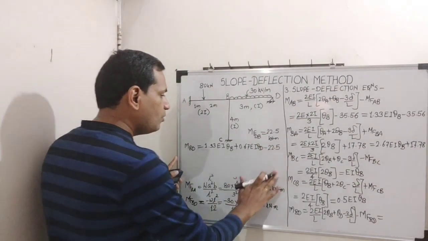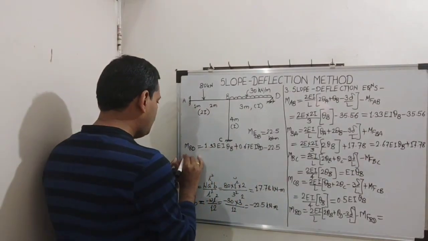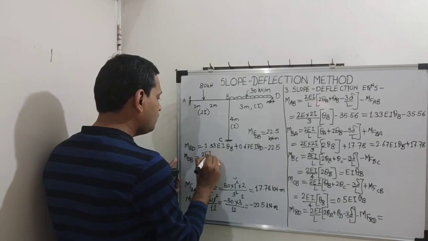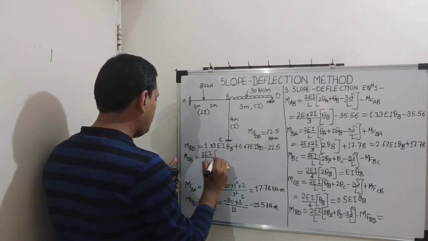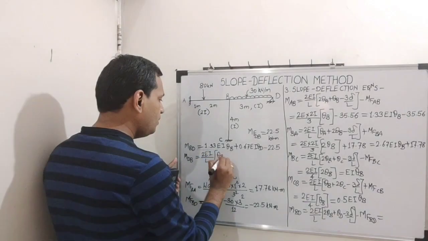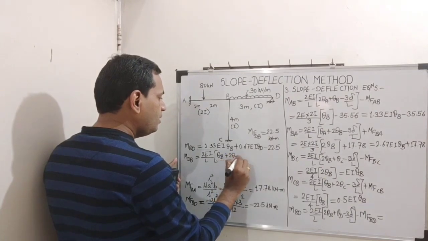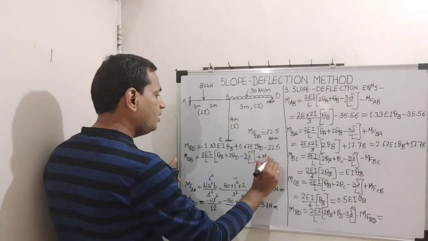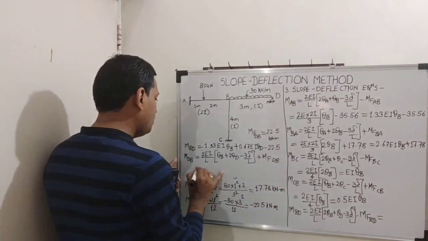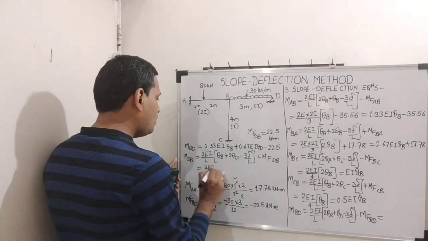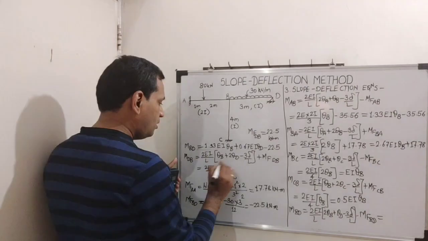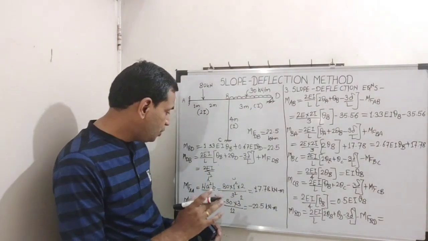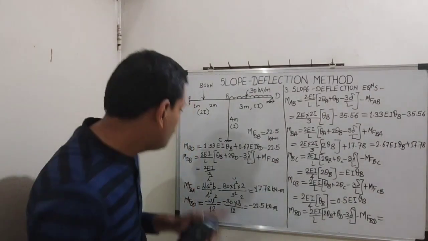Okay, now come to MDB, last equation. What will be MDB? First of all, write the equation: 2EI by L into bracket theta B plus 2 theta D minus 3 delta by L plus MFDB. So 2EI upon 3. Again, write directly the equation instead of substituting the values.